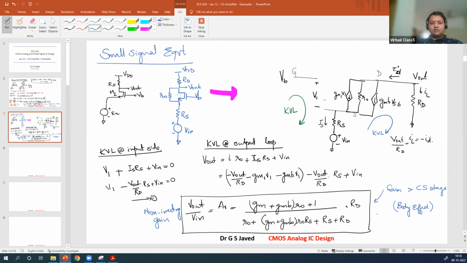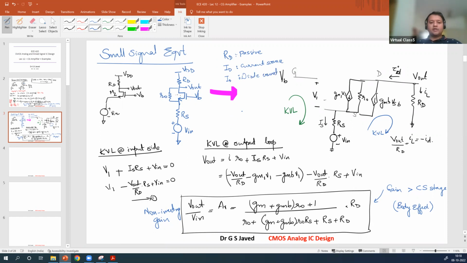Now, in this particular case, we have assumed that the RD is passive. Now, what happens if RD is replaced with an active source? RD passive. RD is replaced by a current source, or you can use a diode connected supply, active source.